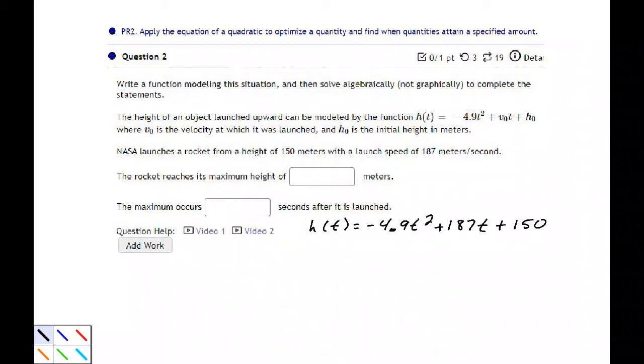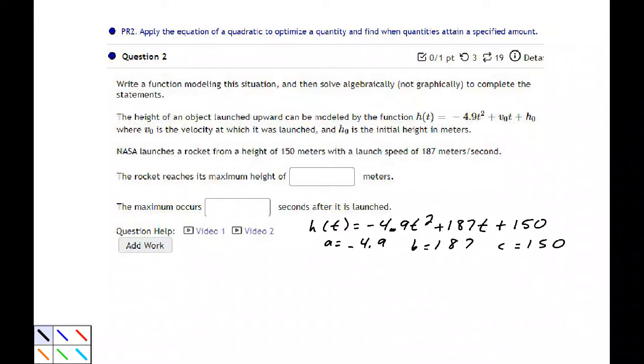So because these both relate to the maximum, and this function does have a maximum because the a value is negative, it opens down, that's going to be our vertex. So I'm going to take my a, b, and c values. A is negative 4.9, b is equal to 187, and c is equal to 150.